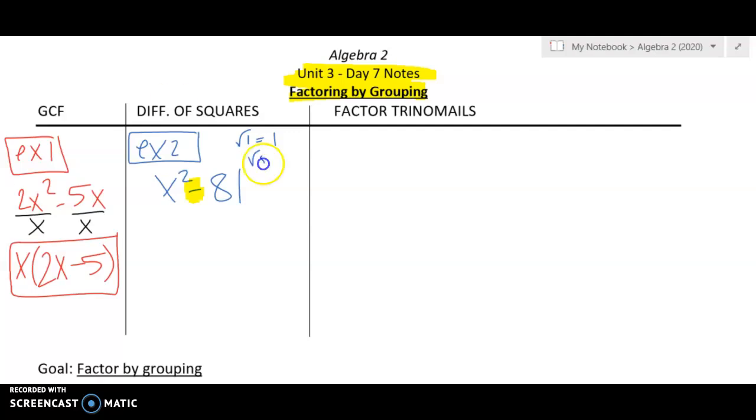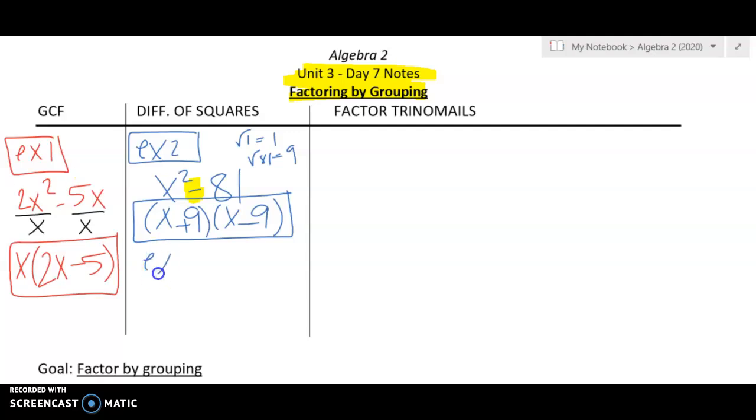That works. And then the square root of 81 is 9. That also works. So then you break it into your two sets of parentheses. Those are your factors. You separate x squared into x, and then you put your 9 in there. 9 and 9. They look the same so far. One of them needs to have a positive, one of them needs to have a negative, and that would be factored completely.